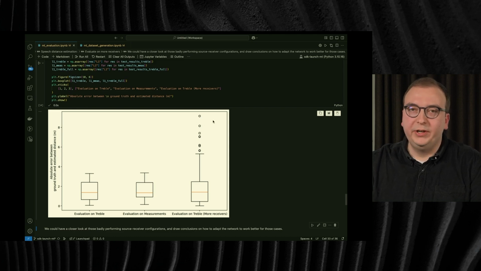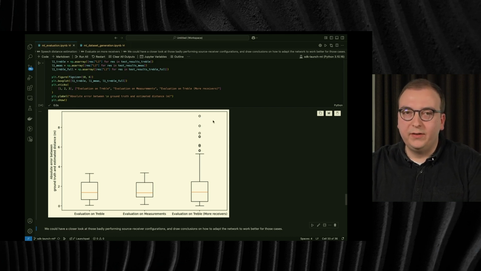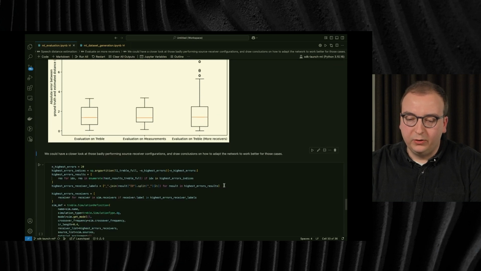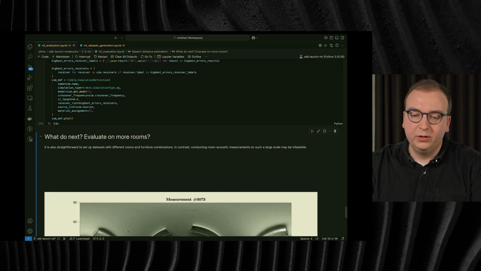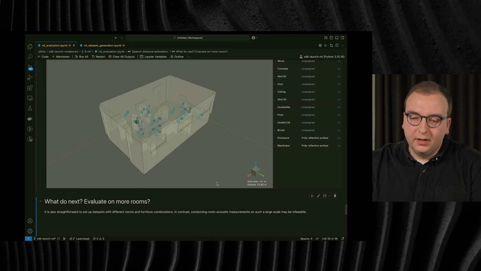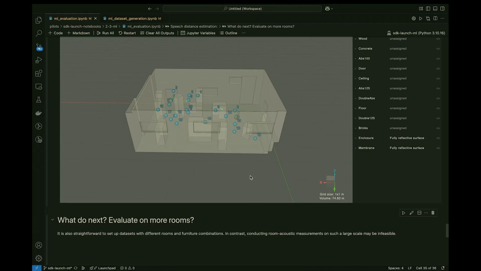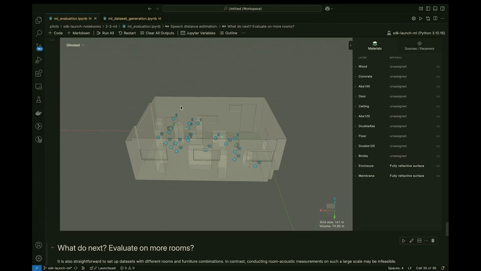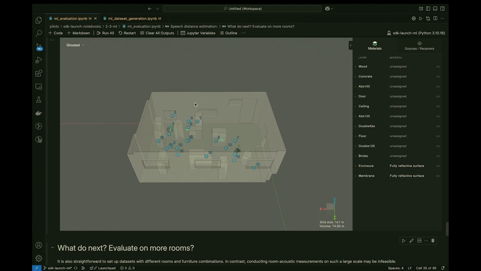So this is of course very interesting for us, because without having to do lots and lots of measurements, we get a lot more information about the performance of our model. And now we can also easily have a closer look. What are problematic positions, for example? And now I'm plotting the source receiver configurations with the 20 highest errors.